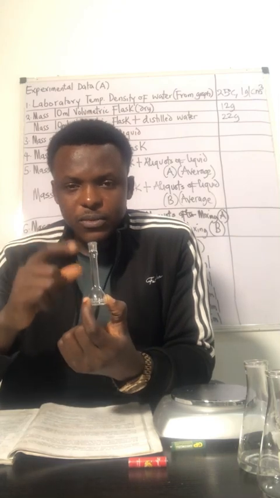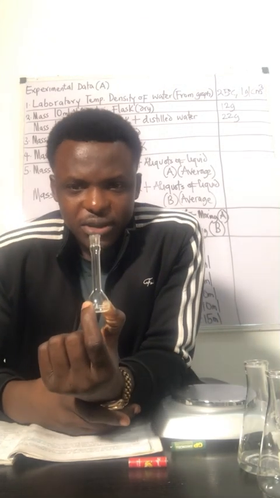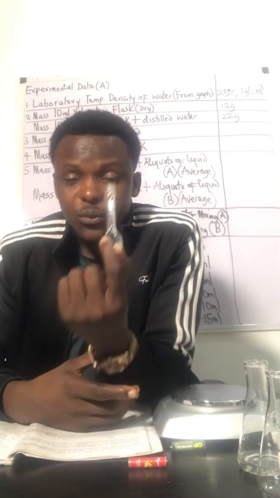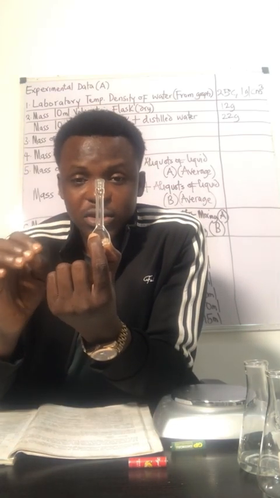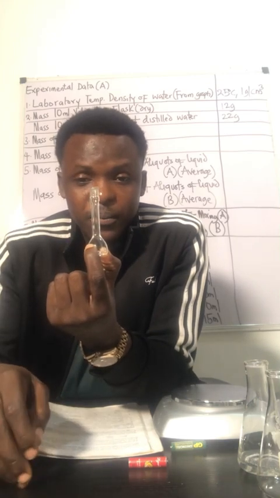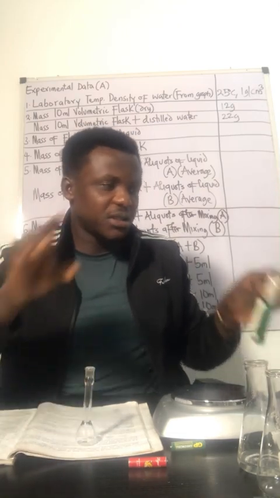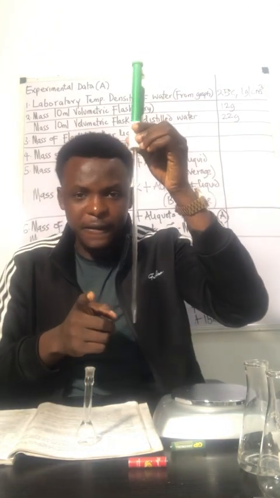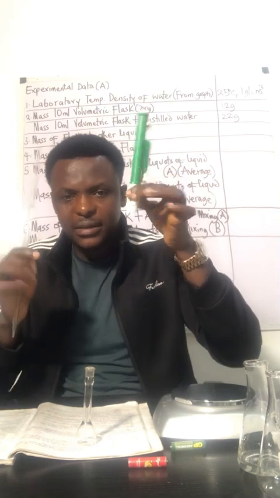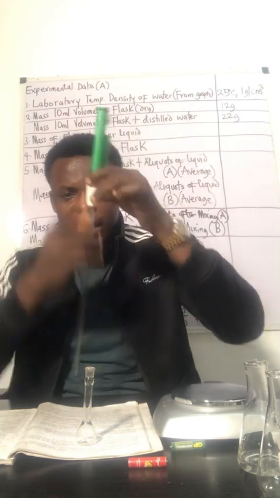So for you to measure the density of ethanol, remember we already know the volume of this flask. All we need is the mass of ethanol, so we can use density equals mass over volume. So you're going to pick up your pipette, plunge into your pipette sucker.